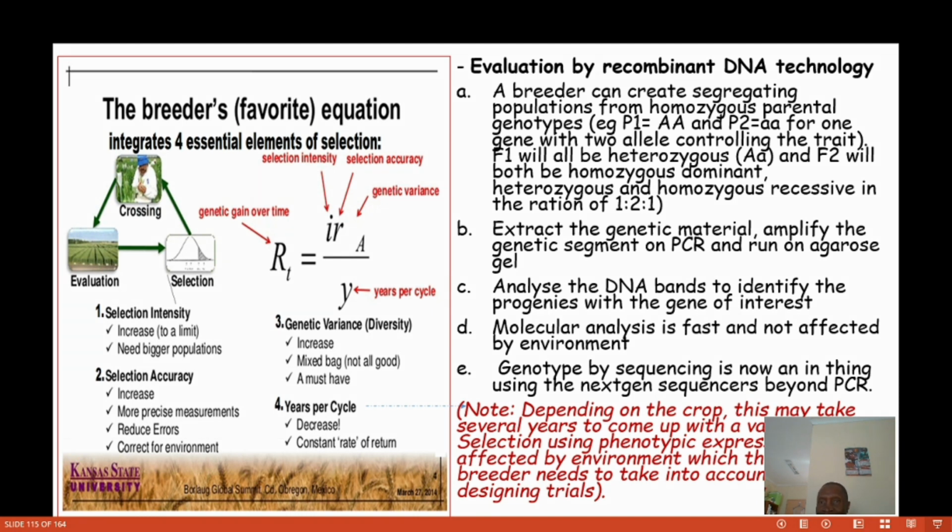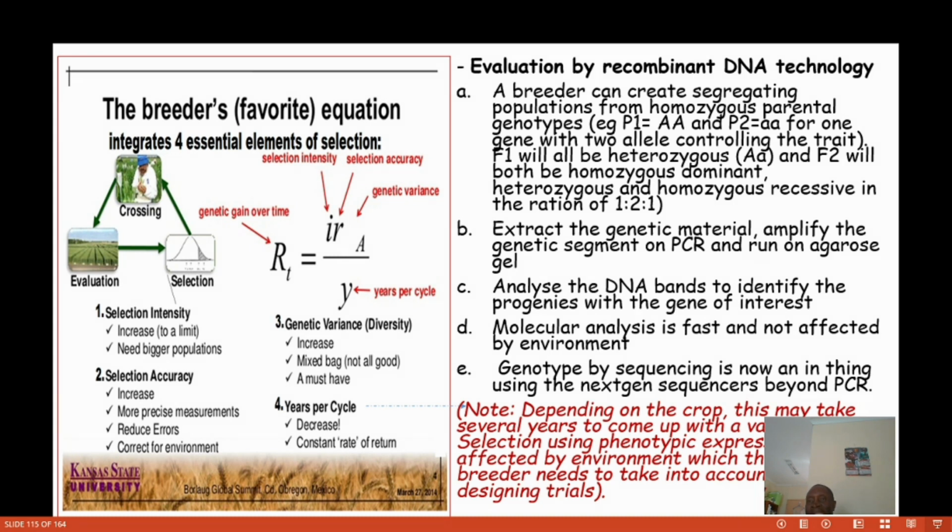A breeder can create segregating populations from homozygous parental genotypes. Then, of course, when you have the F1, you know that all the plants in F1 will be heterozygous, and F2 will be both homozygous dominant, heterozygous, and then homozygous recessive, in the ratio of 1 to 2 to 1.